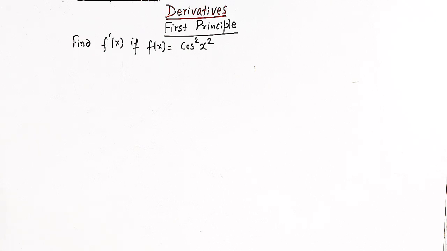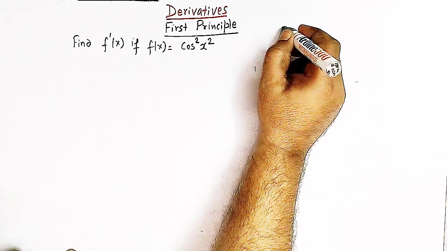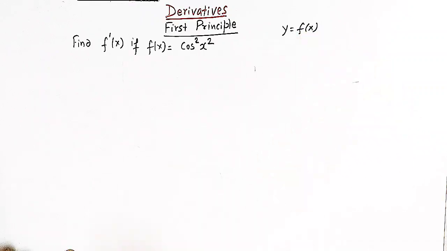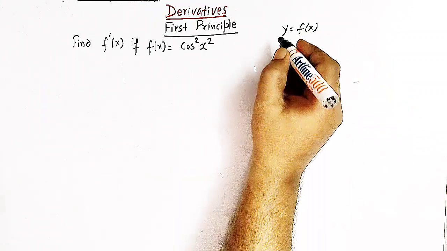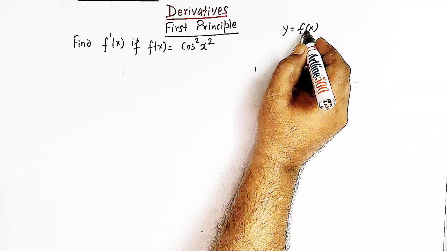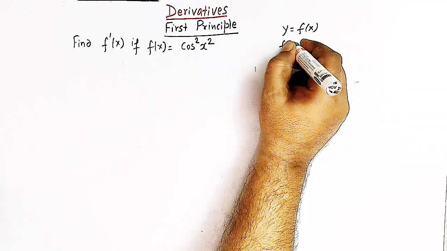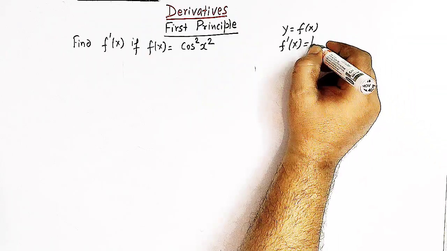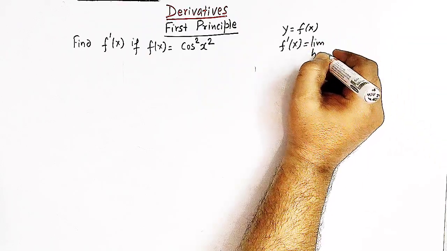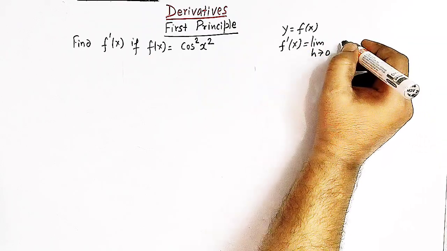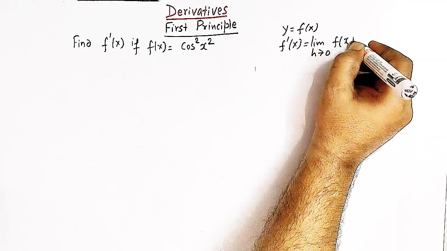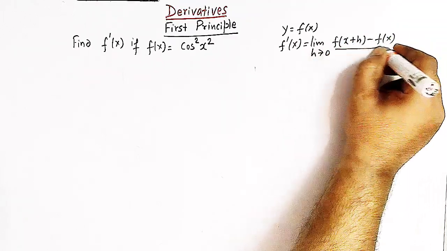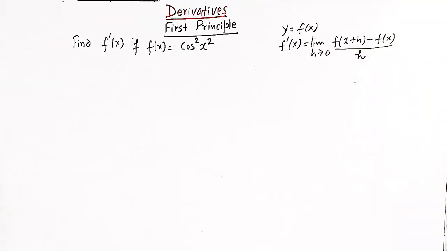So the first principle says that if we have a function, say y is equal to f of x, which is defined in some domain, then the derivative of the function f of x is denoted by f prime of x, and it is given by this limit, that is limit h tends to 0, f of x plus h minus f of x divided by h, right?